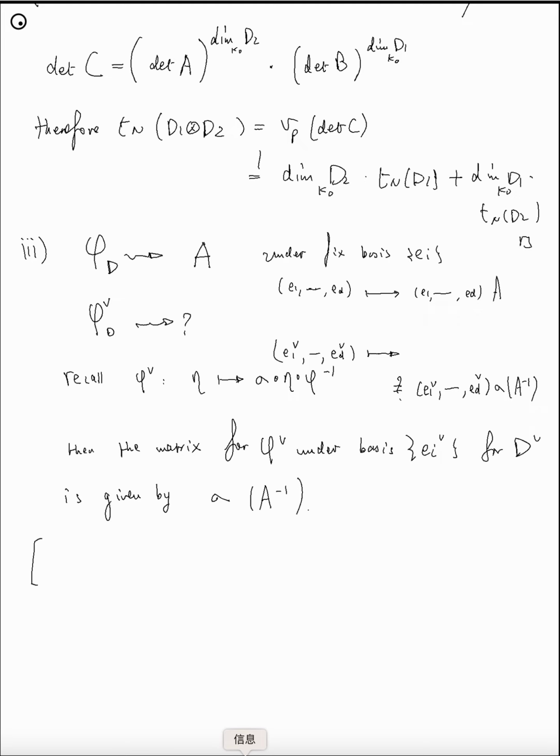So how do you do that? Recall phi du of eta is sigma eta phi inverse, right? Eta is from Hom D to K0. So the du, and here we have a basis EI.